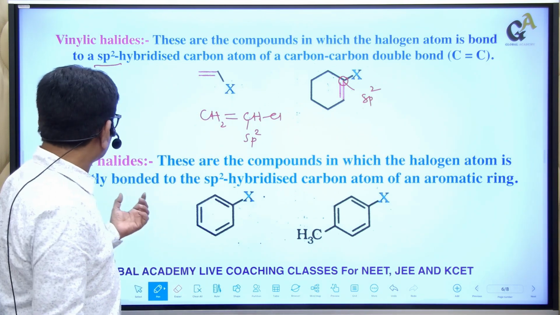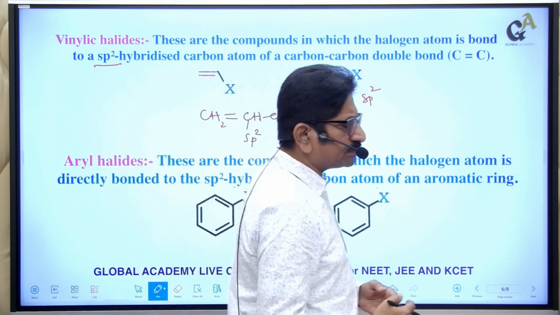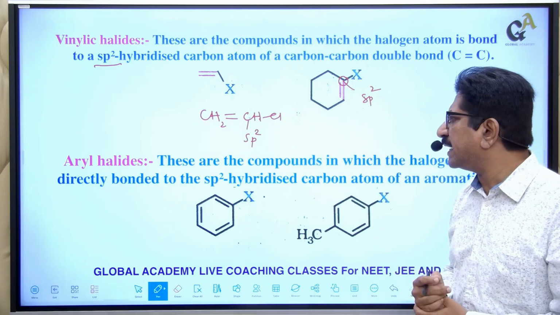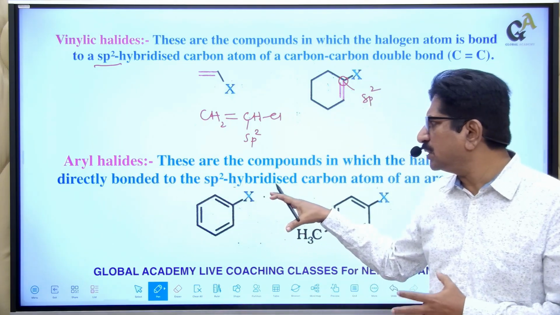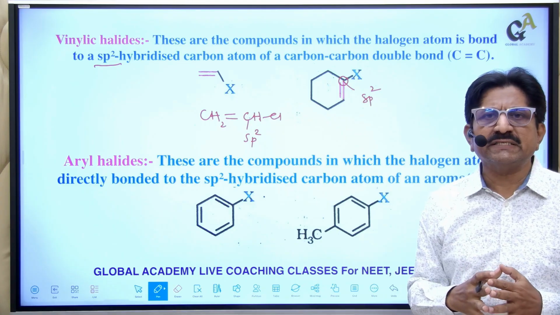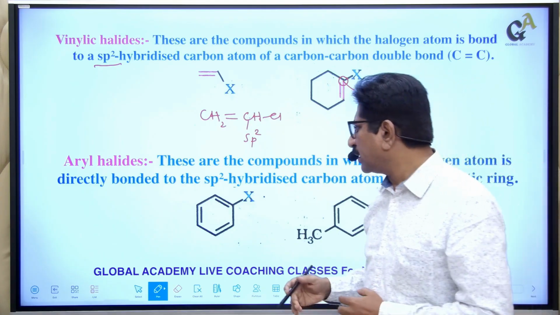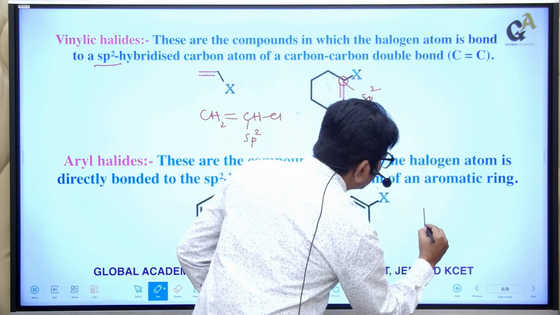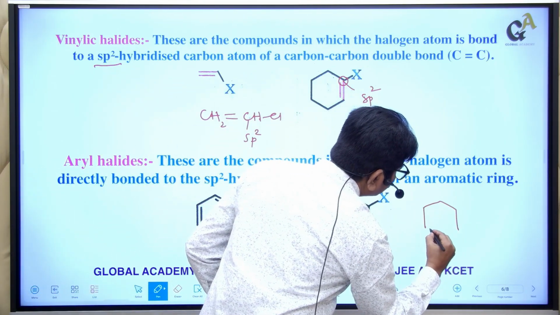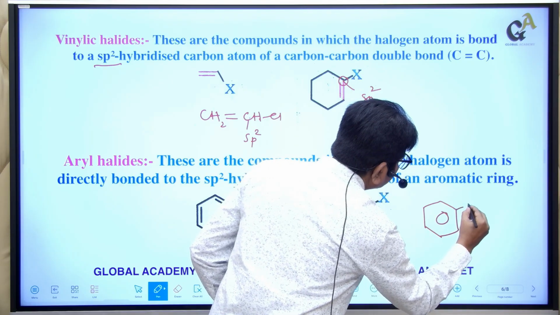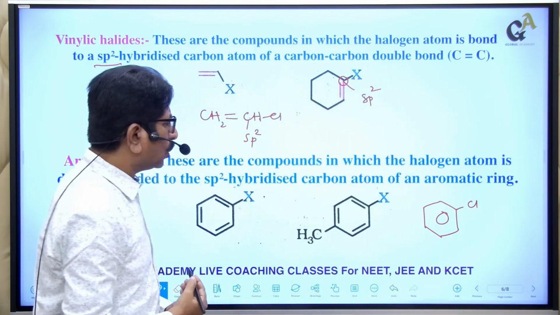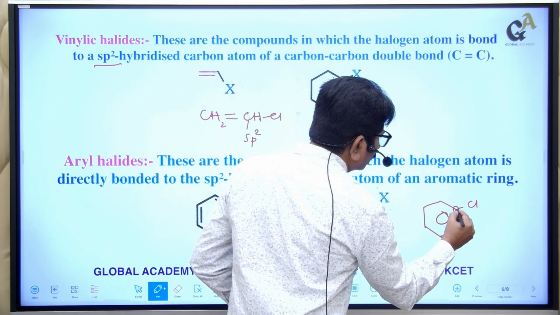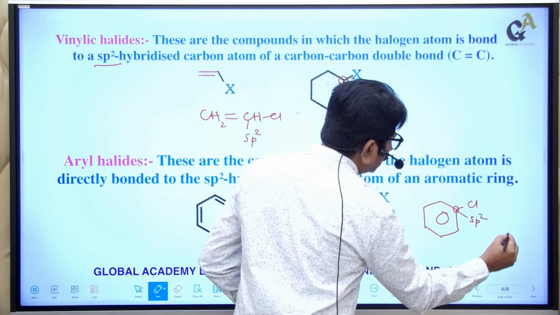Similarly, you can have aryl halides. In the aryl halides, these are the compounds in which the halogen atom is directly bonded to the nucleus, and it is also sp2 hybridized. For example, if you take this compound, it is called chlorobenzene, and this carbon is sp2 hybridized.